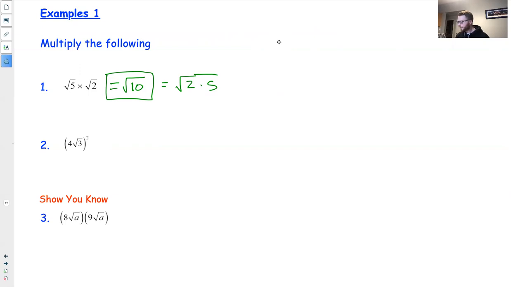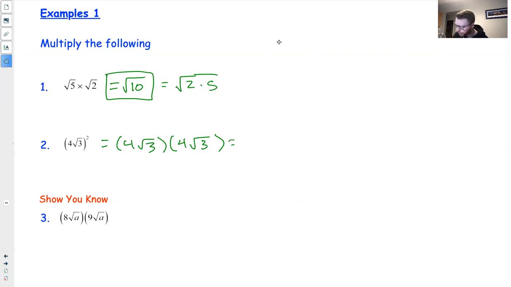Okay, so now we have 4 root 3, squared. So that looks like 4 root 3 multiplied by itself, right? Anything that is squared, we're just going to multiply by itself. When we're multiplying radicals like this, or a mixed radical, when we have a number out front and a radicand, we're just going to multiply the numbers out front, and then we will multiply the radicands.